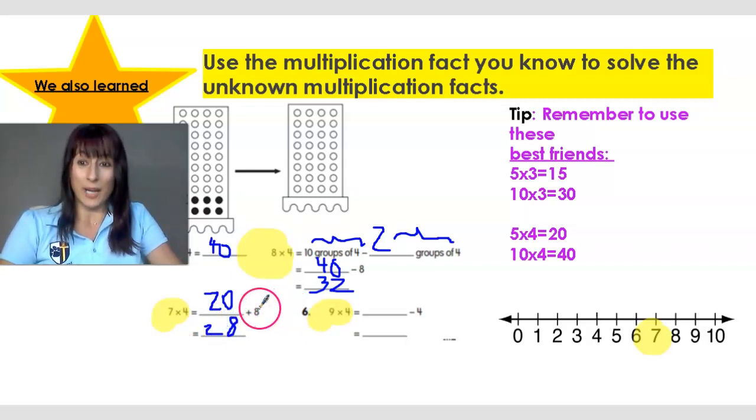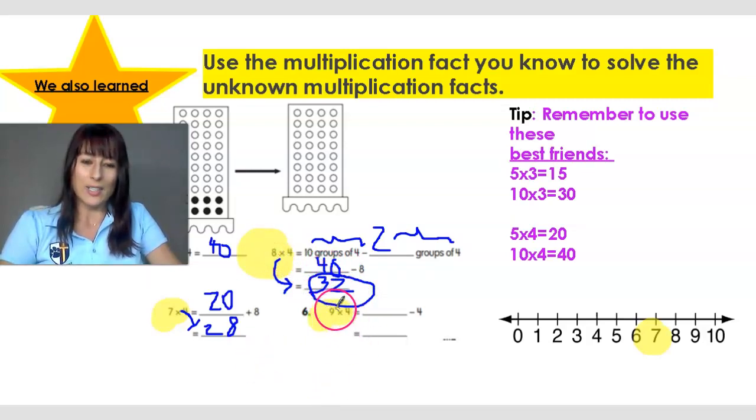And if you would have to break it up, you would have to say here 5 groups of 4 plus 2 groups of 4, right? Would get you to the answer of 7 times 4. And the answer here has to be what, 7 multiplied by 4 is 28. Just like here, 8 multiplied by 4 is 32. So the number that you write here must be the answer for this.